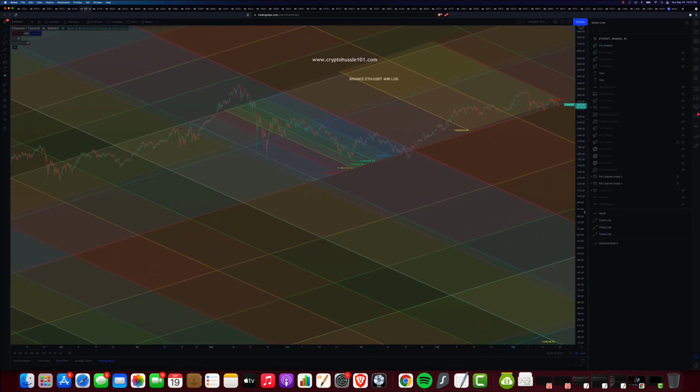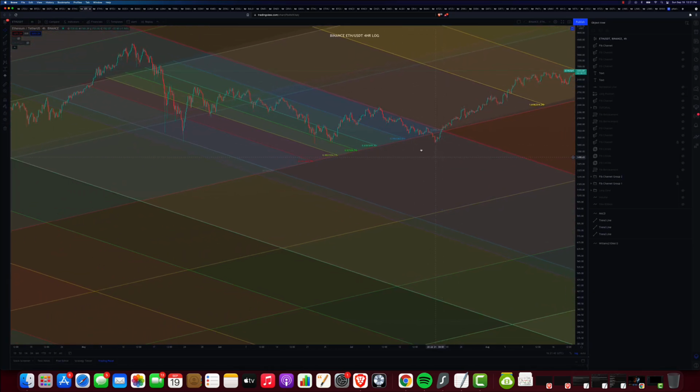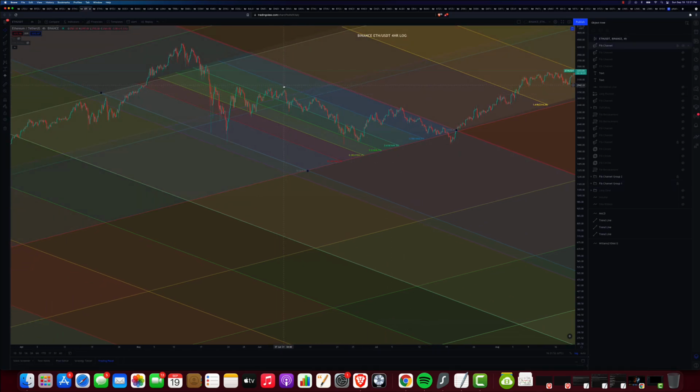So what we got here, we have strong support and resistance here, price is respecting here, here, and it also works in the other direction. Let me close that out. Let's do here.